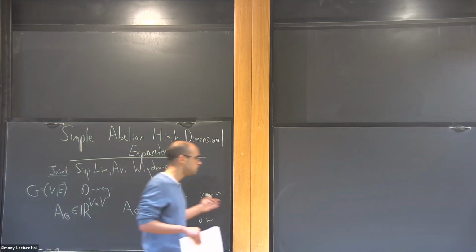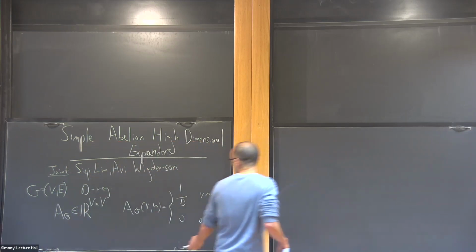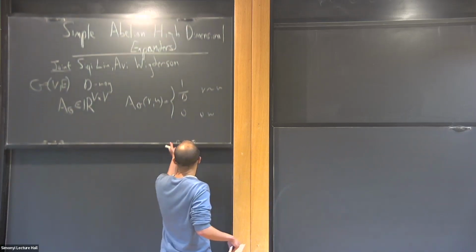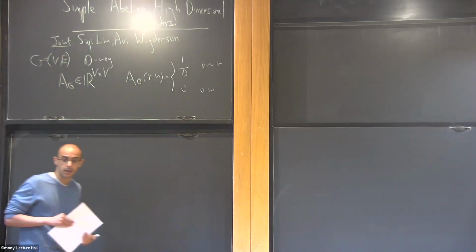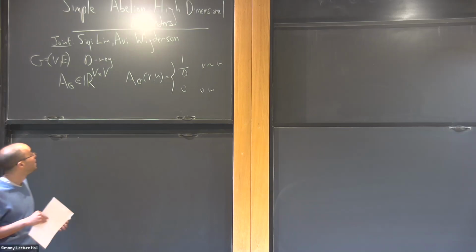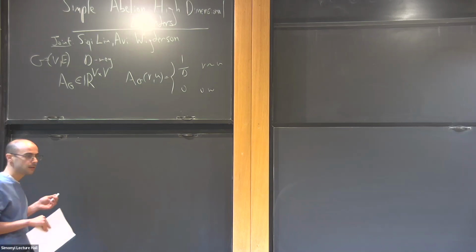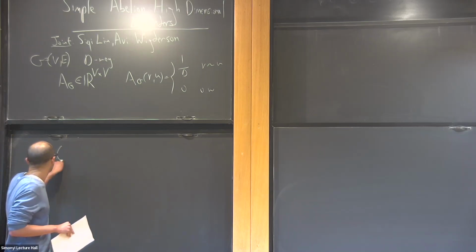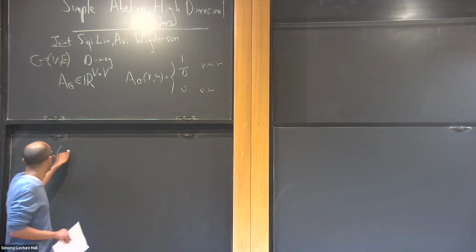You can see that all the rows of this matrix sum up to 1, and so its largest eigenvalue is going to be 1. If you take the constant vector, it will be an eigenvector with eigenvalue 1. And so all the rest of the eigenvalues are somewhere between -1 and 1.